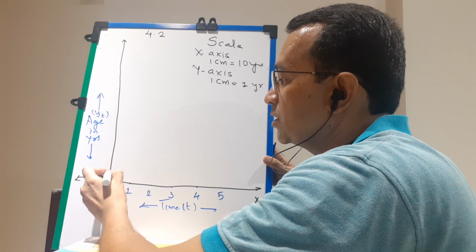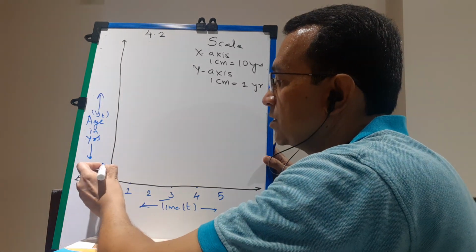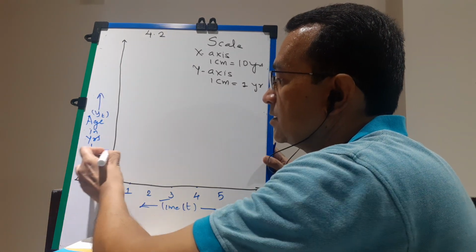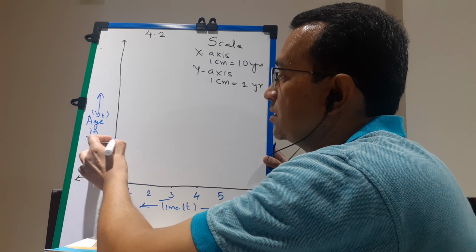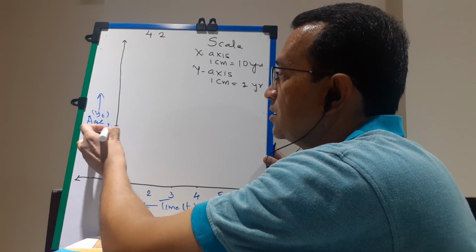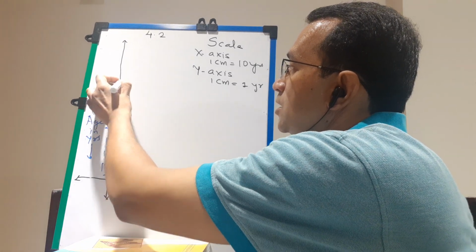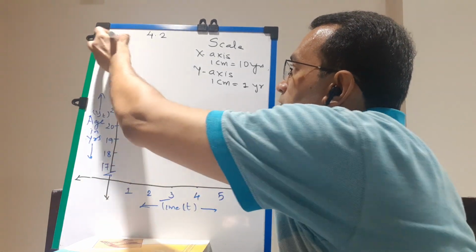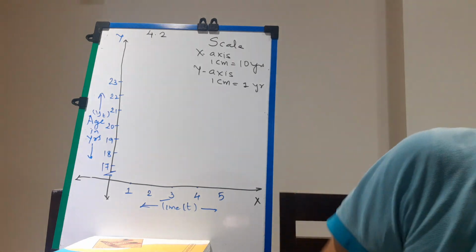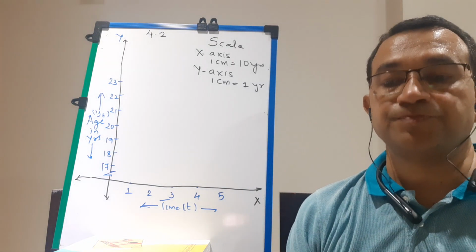We take a broken graph and start from 17, 18, 19, 20, 21, 22 and 23. We don't need more than 23, students.